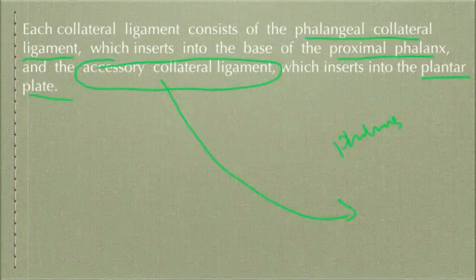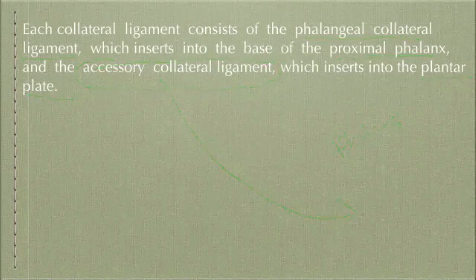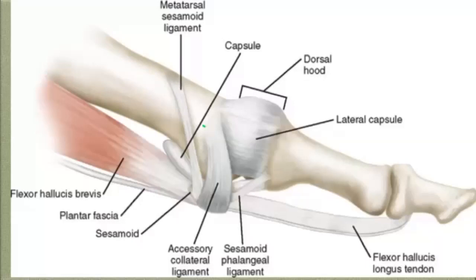So one band goes to the plantar plate and another band goes to the base of the phalanx, right? One band goes to the phalanx like this. That is the two parts.